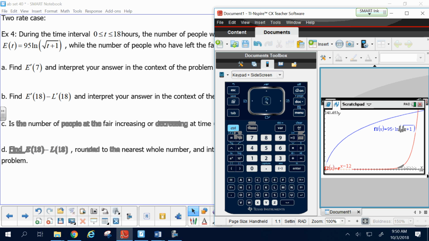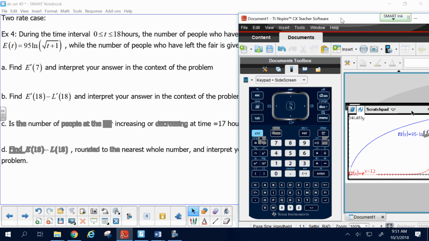Okay, maybe something like that. All right, how are we doing? You have something like that? You might change the window. If they give you a window of 0 to 18, you should use it. You don't want to look beyond the bounds of where they ask.